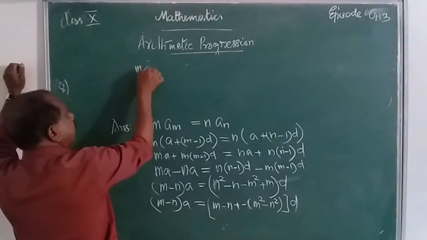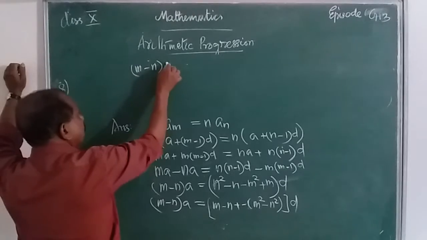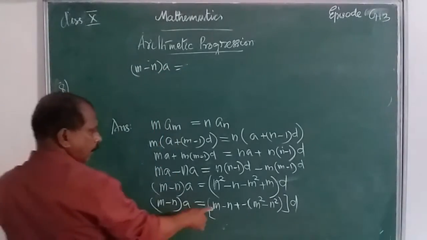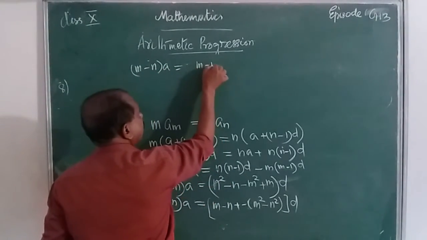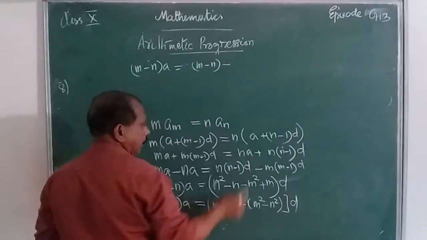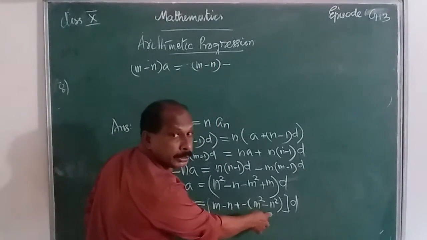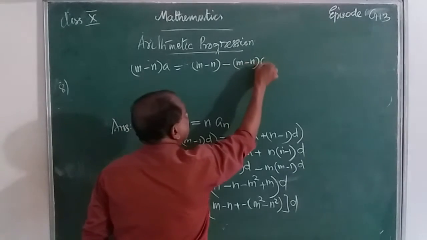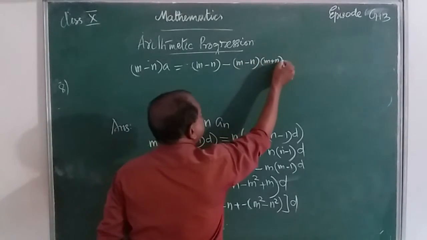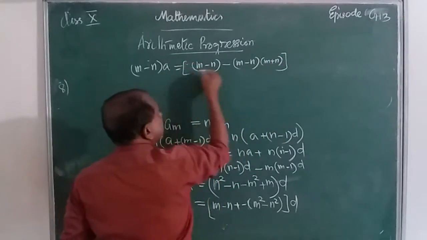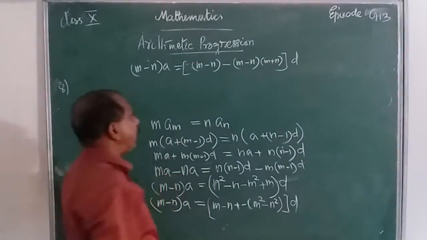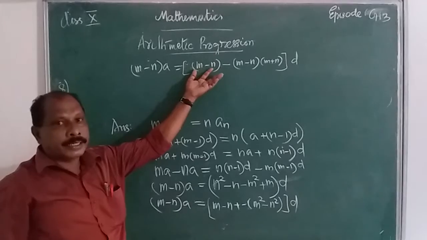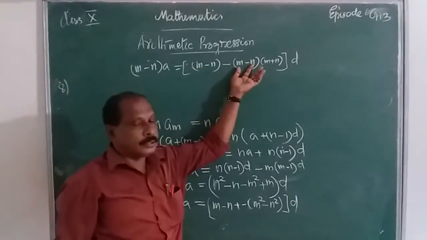That is m minus n into a is equal to m minus n into... This is of the form a square minus b square, that is a minus b into a plus b into d. Then in this case m minus n is a factor, m minus n is also a factor.